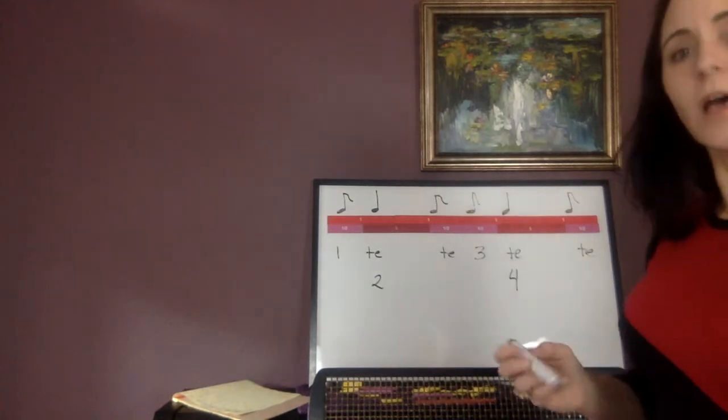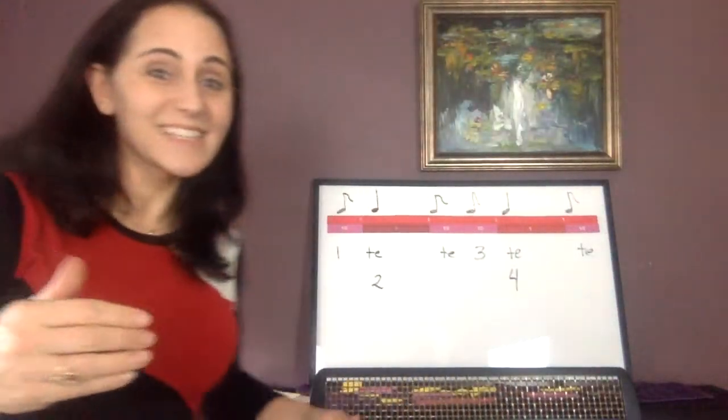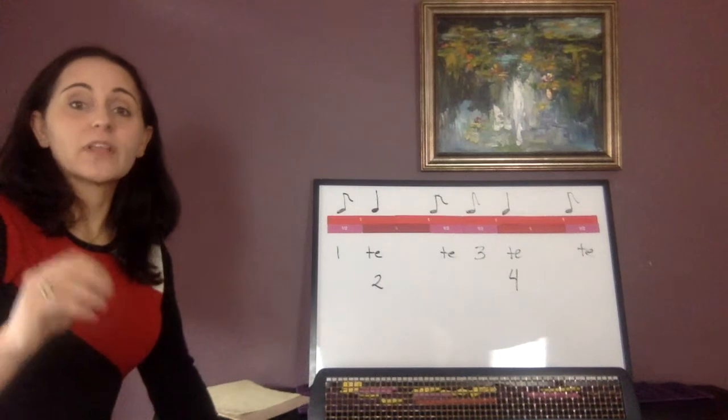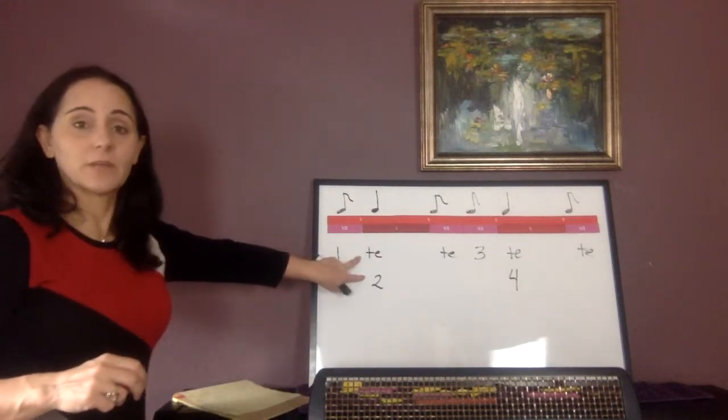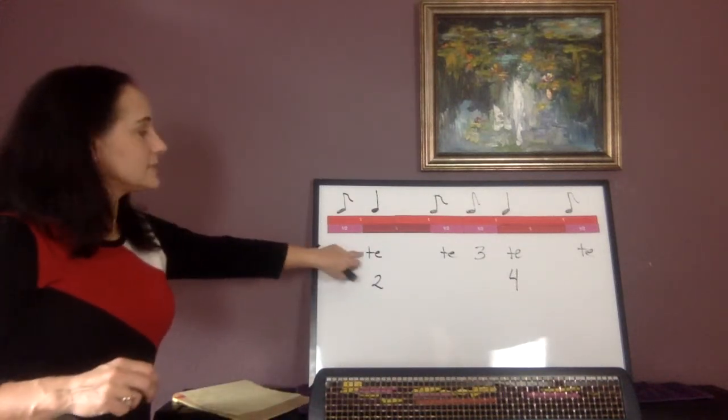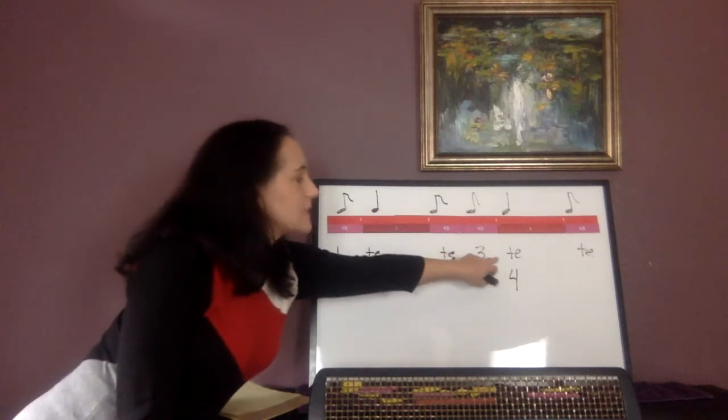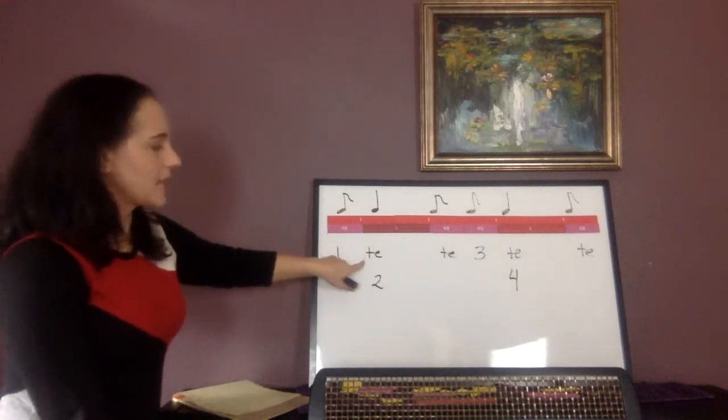Now why am I going that? That's because it helps me remember that that quarter note needs to get 2 eighth notes. When I'm counting this, I'm going to think 1, tay, tay, 3, tay, tay. One, tay, tay.